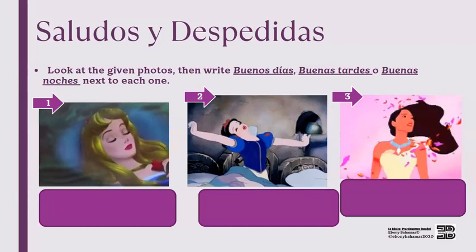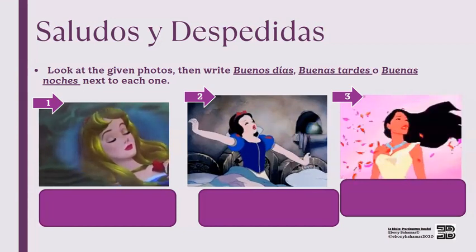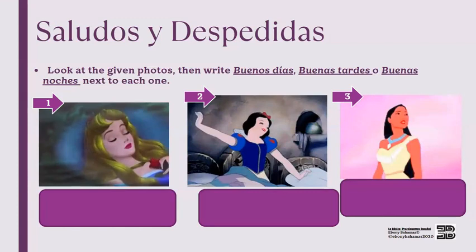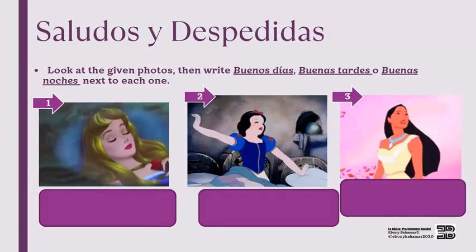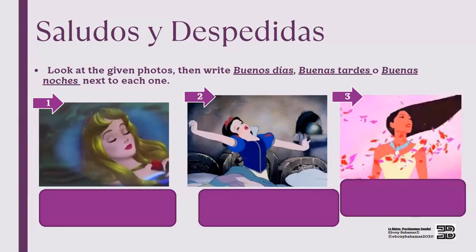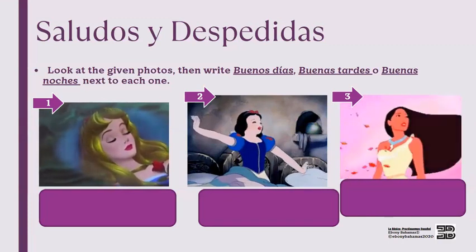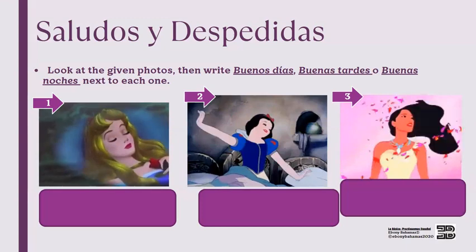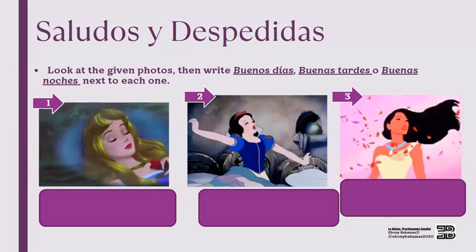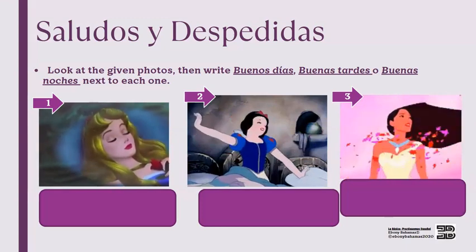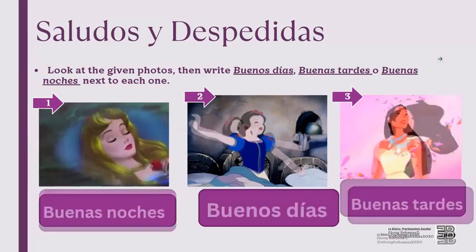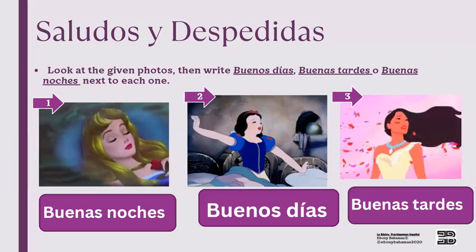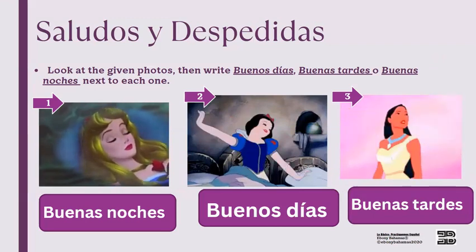Okay. Who wants to take number 2? Keon, I see your hand. Buenos días. Okay, that would be number 2. And of course, number 3, Mr. Cowell Ram. Buenas tardes. Yep. All right. So buenas noches, buenos días, buenas tardes.